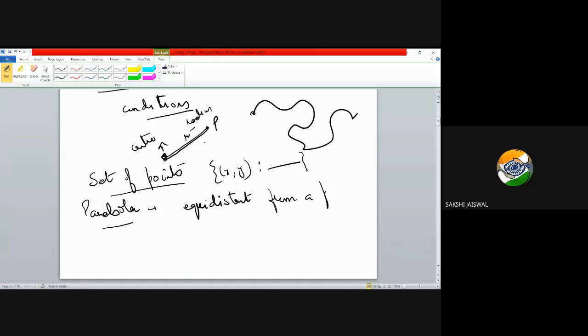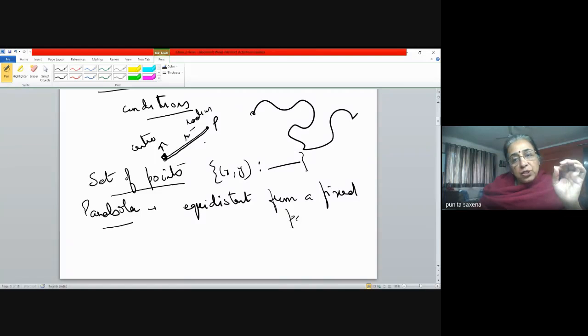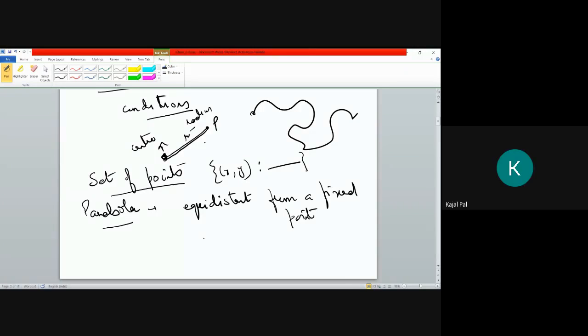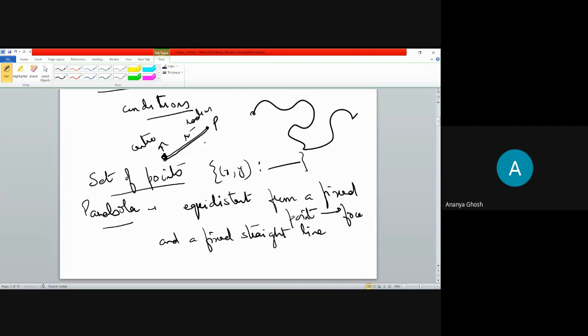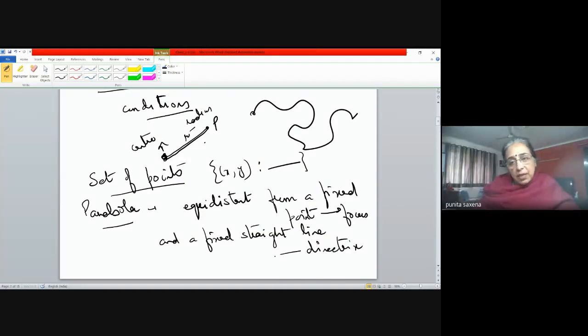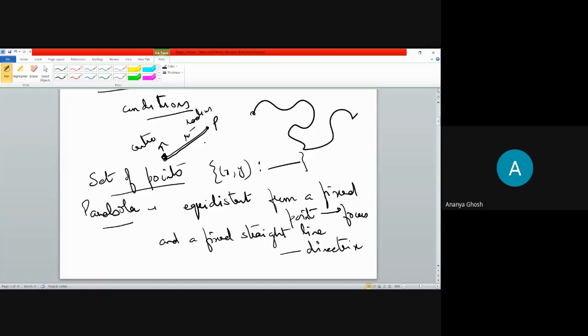From a fixed point, that's it. और कुछ नहीं. ये तो सर्कल बन गया फिर. अगर एक पॉइंट से और a fixed straight line. ठीक है. अब इस फिक्स्ड पॉइंट को क्या बोलते हो? मैम फोकस. Focus. और इस फिक्स्ड लाइन को? डायरेक्ट्रिक्स. दिस इज द डायरेक्ट्रिक्स. यही होता है ना, ऐसे ही डिफाइन किया तुमने पैराबोला.